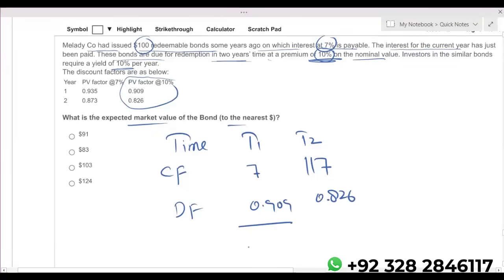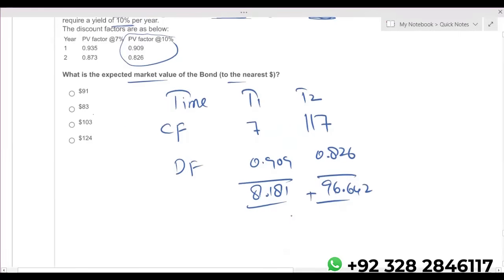You just need to calculate present values. The sum of the present values will give you the market value of the bond. 117 into 0.826. Let's see what we are getting.